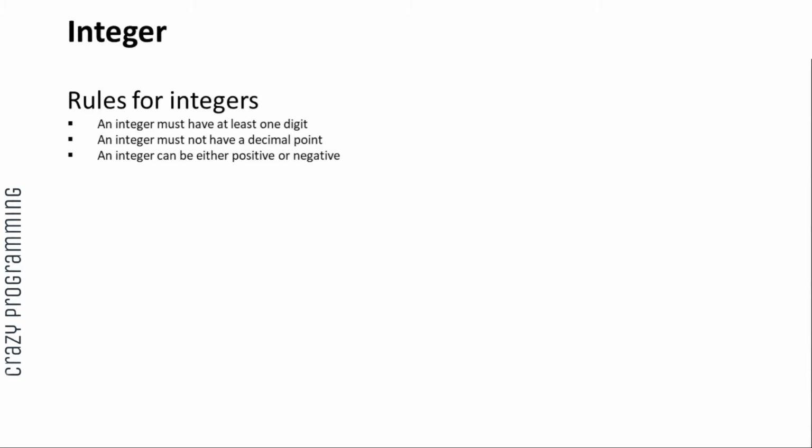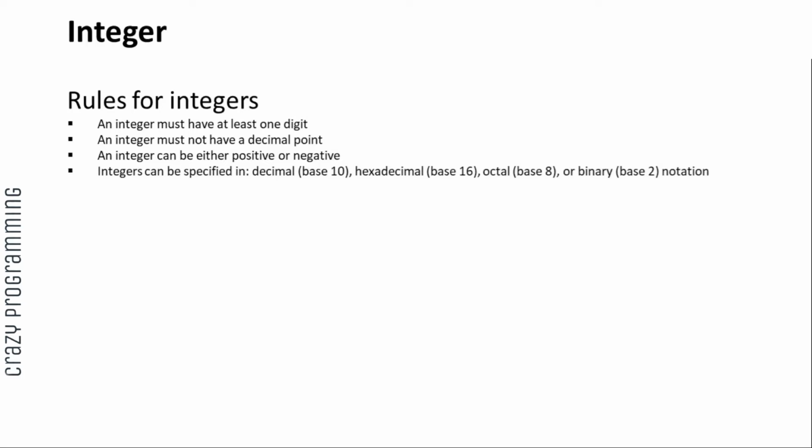And an integer can be either positive or negative. And after that, an integer can be specified in decimal, hexadecimal, octal, or binary notation. These are the only 4 rules of integers, and we will go with these rules.